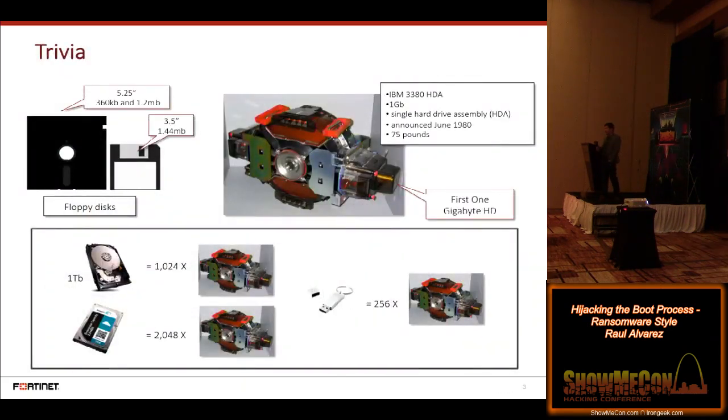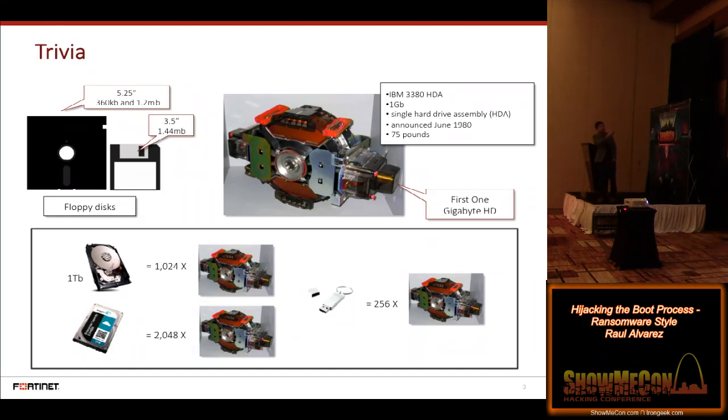Anyway, have you seen a floppy disk before? Anybody? Okay, it's called a floppy disk because you can actually bend it. During that time, IBM actually created a 1 gig hard drive.